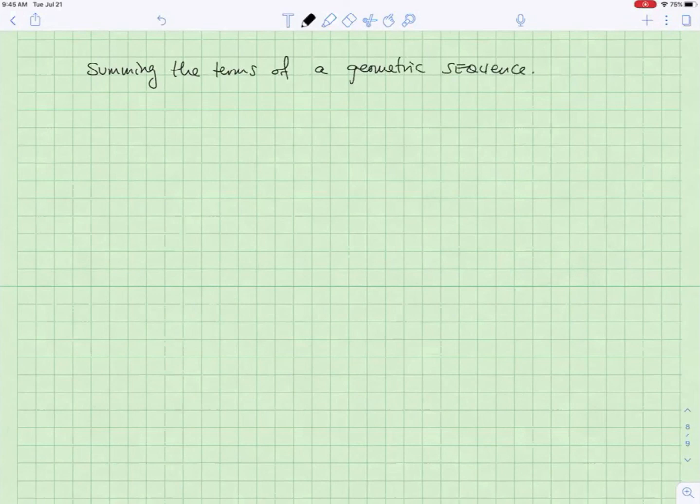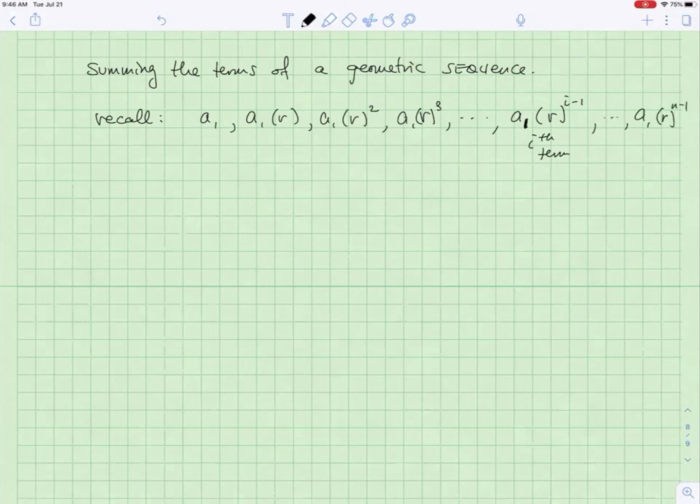Okay, so again, recall that for a geometric sequence, we have A1, A1 times R, A1 times R squared, A1 times R cubed, and this continues where we have the general ith term, and this continues up to some general nth term.